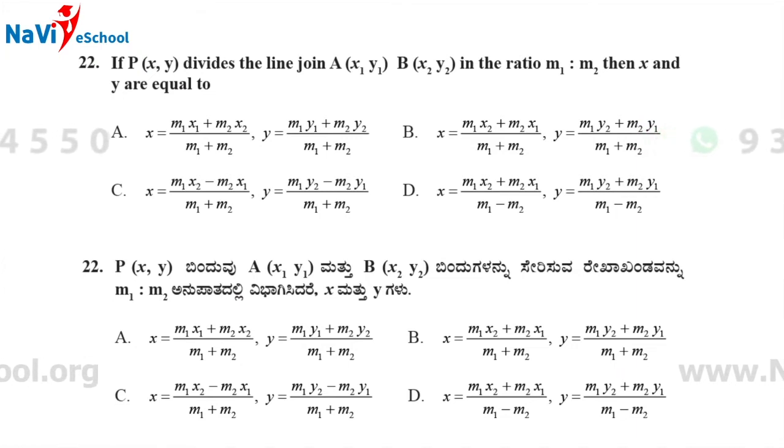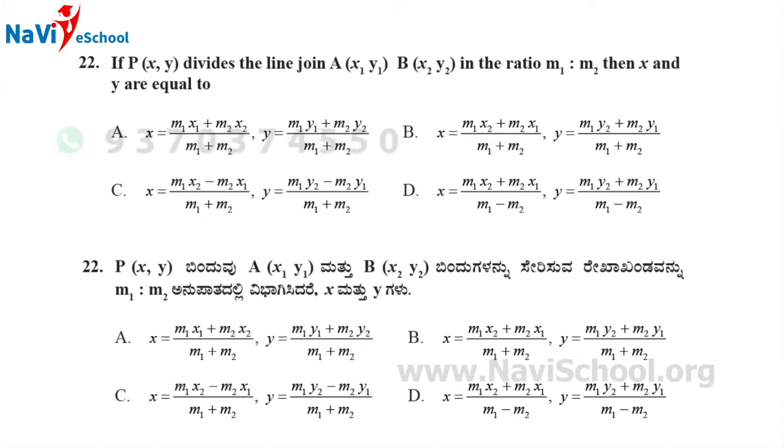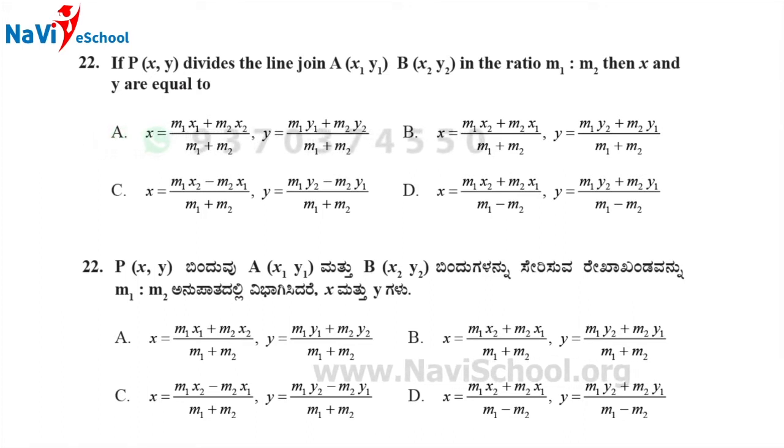Option B is x equal to (m1 x2 plus m2 x1) whole divided by (m1 plus m2), and y is equal to (m1 y2 plus m2 y1) whole divided by (m1 plus m2).